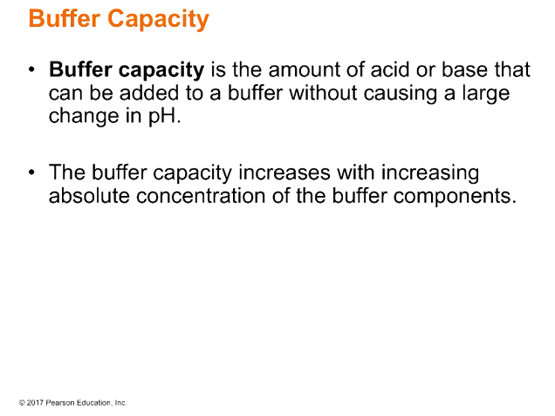All right, so buffer capacity, again, is the amount of acid or base that can be added to a buffer without causing a large change in pH. And buffer capacity is going to increase with increasing absolute concentration of the buffer components. So as the buffer concentration increases, the buffer capacity also increases.